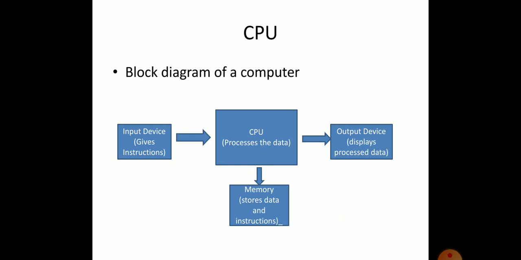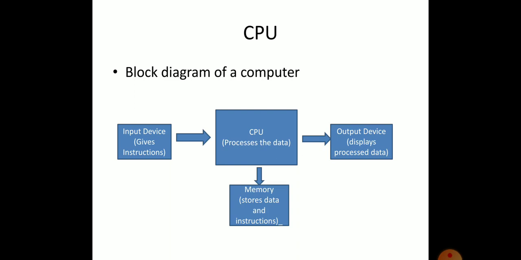Now I will show you the block diagram of the computer. How the CPU is working, that is the central processing unit. Same, first the input device gives instructions to the computer. It is processed in the CPU, then whatever output has come, it displays on the output device, and whatever instructions we have given are stored.